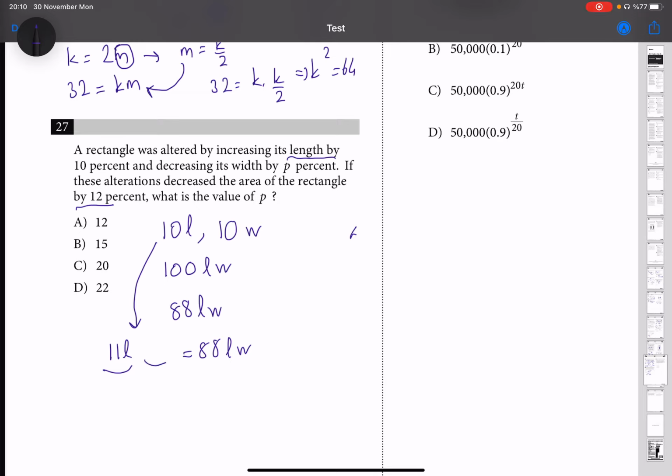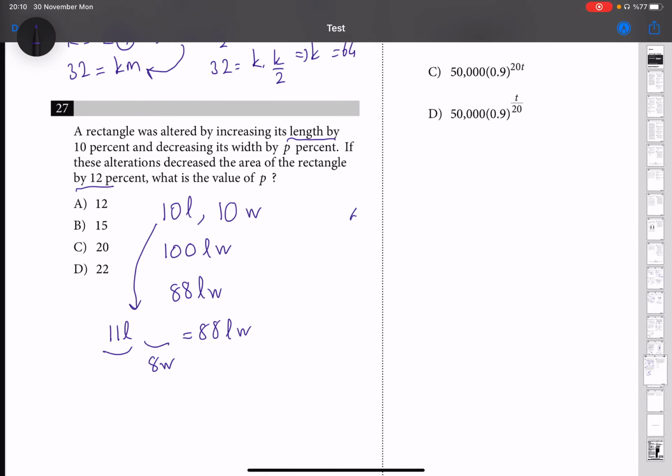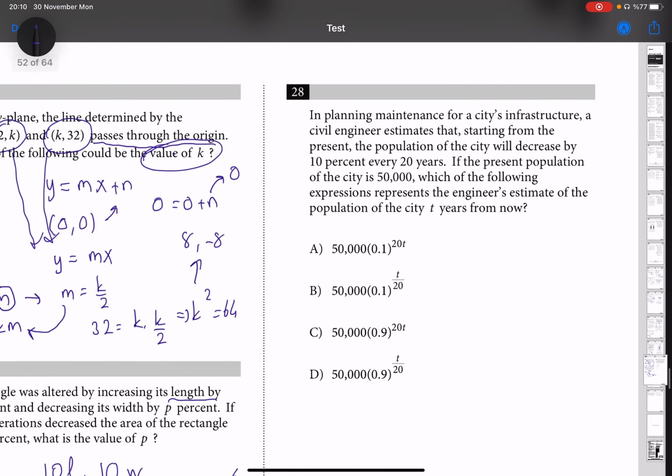It is obvious that width should be 8W to satisfy this equation. So at the beginning, the width was 10W. At the end, it is 8W. So the decrease is 20%, we can find it by using this formula, times 100, is equal to 20%.